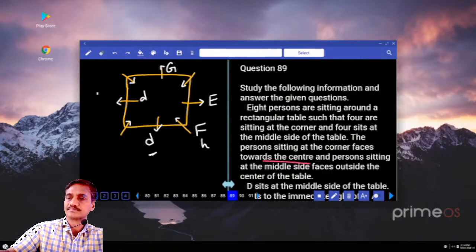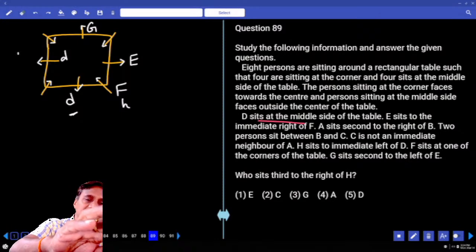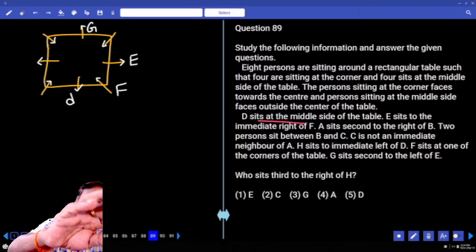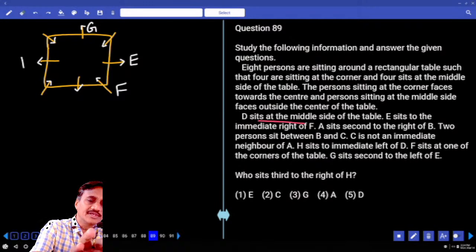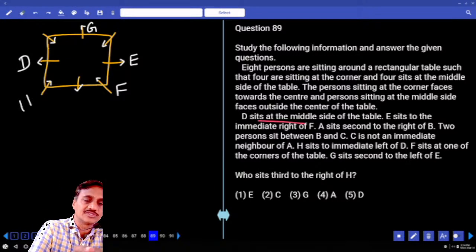Hence D must be opposite to E. Now D is here, and since H sits to the immediate left of D, H will be here.